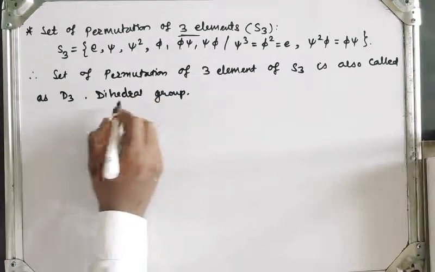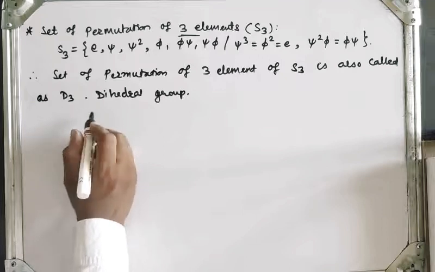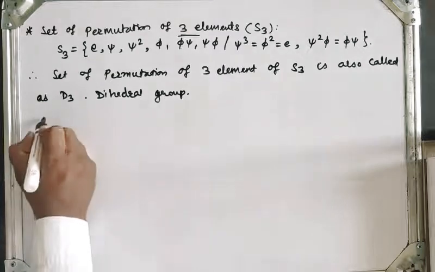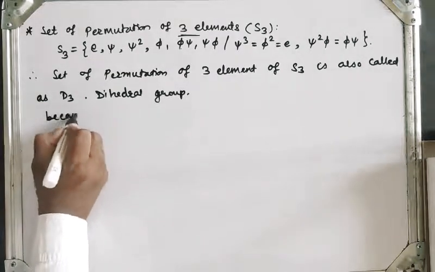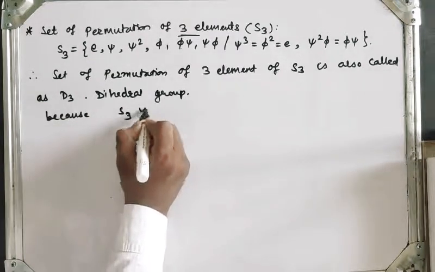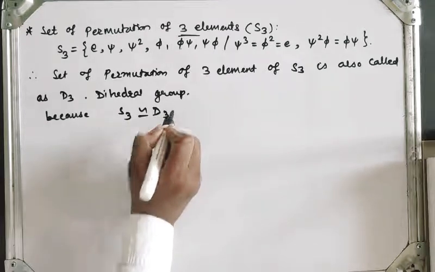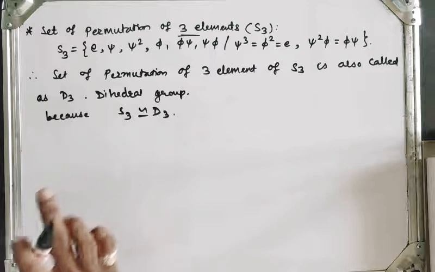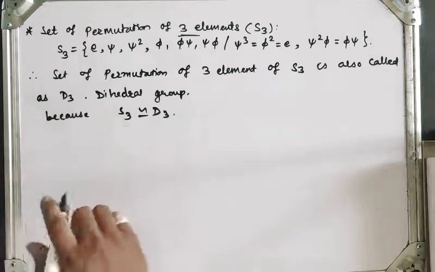Because S3 and D3 are isomorphic, both sets have the same elements and there exists a one-to-one onto function between them, and both sets have the same property. Therefore S3 and D3 are isomorphic.